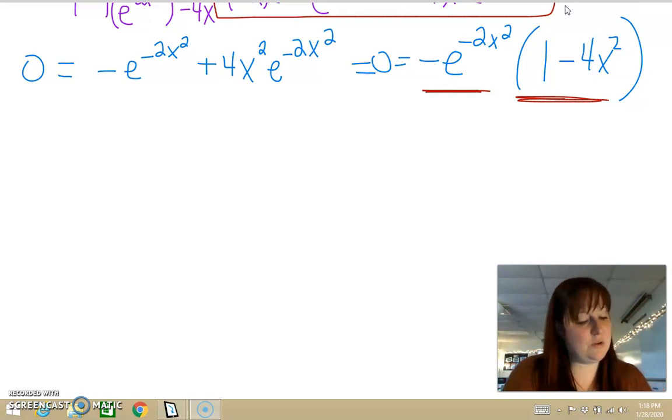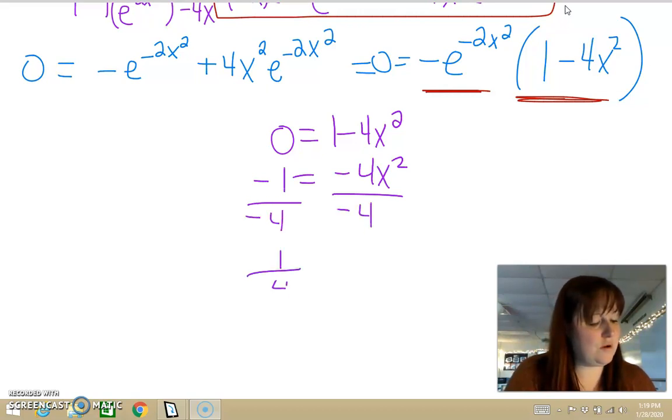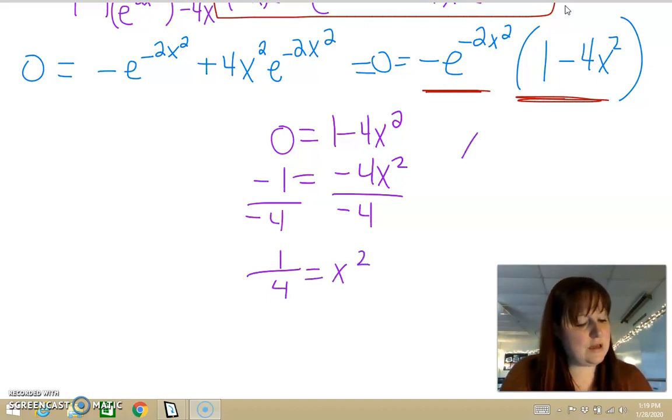So the only one that can ever equal 0 is 1 minus 4x squared. So I set that equal to 0. I solve for x. And I have that 1/4 equals x squared, which means that x equals plus or minus 1/2.